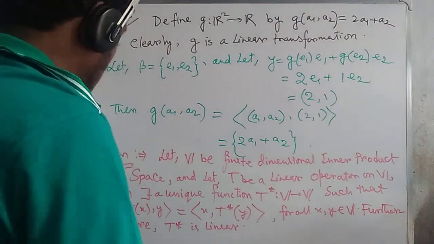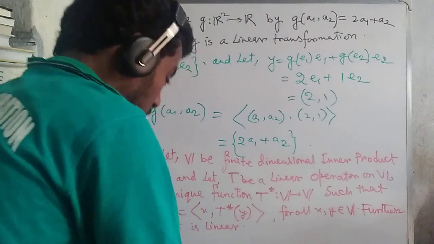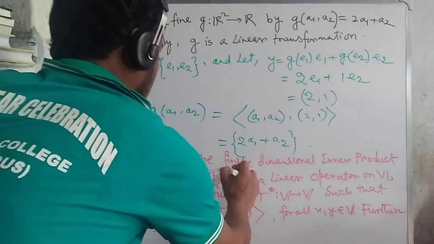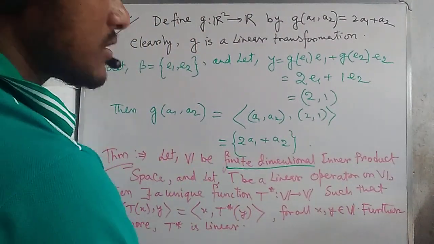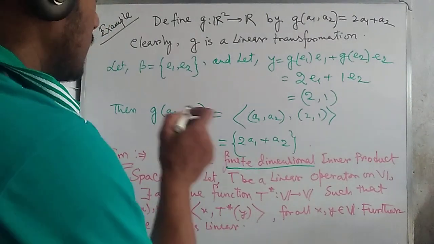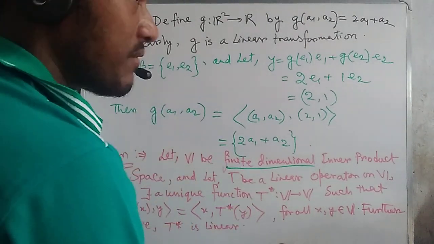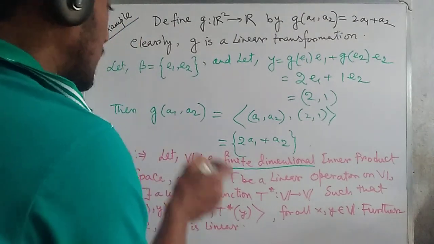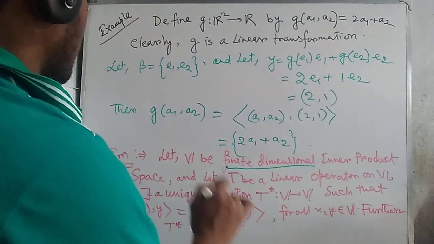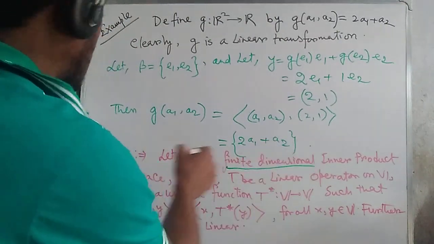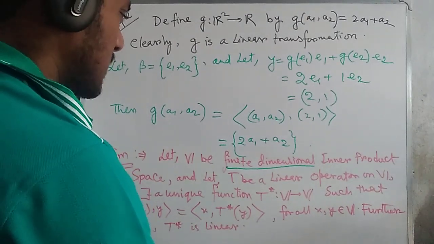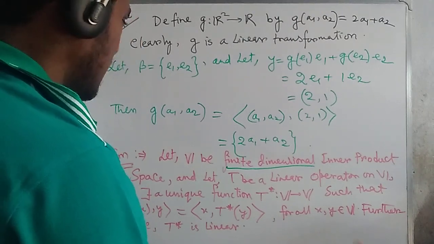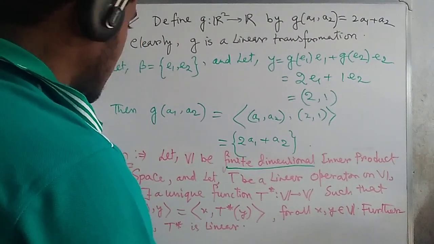Now we erase that portion and go on to further discussion of the theorem. V is a finite dimensional inner product space. Finite dimensional means the dimension of V is less than plus infinity, that means the basis contains finitely many elements. Inner product space means a vector space with an inner product defined on it, satisfying some properties.